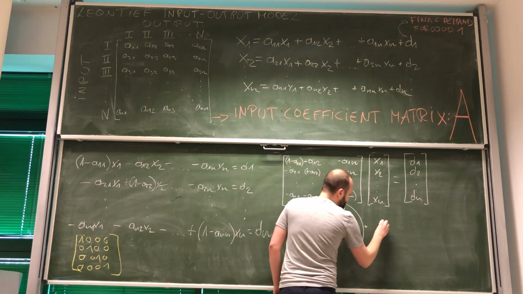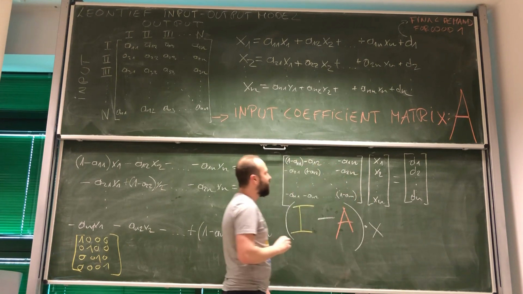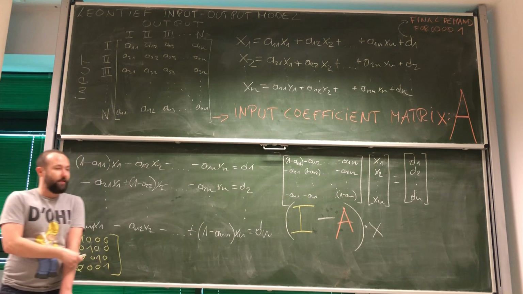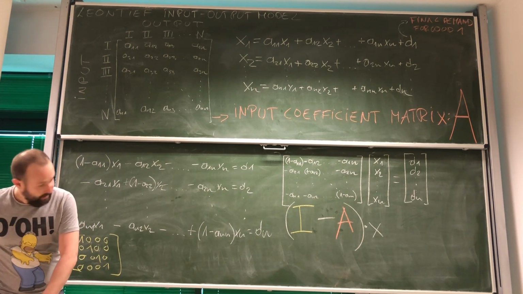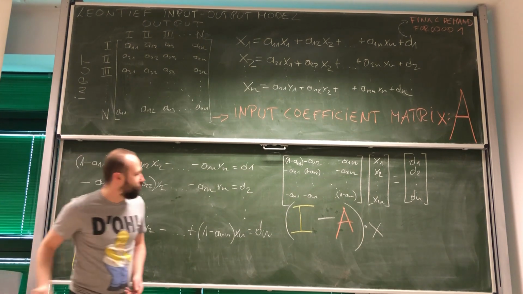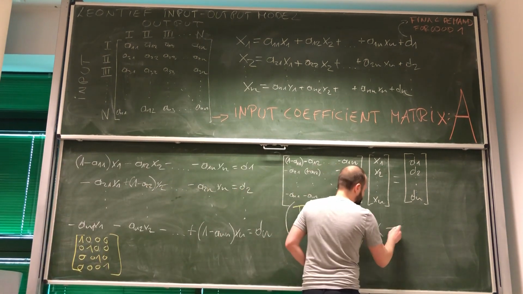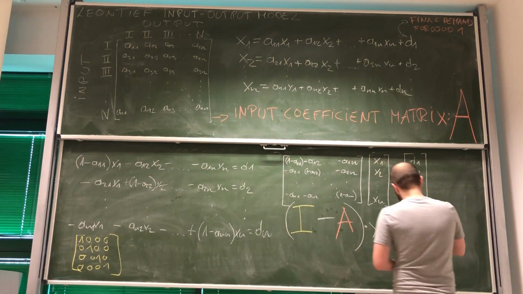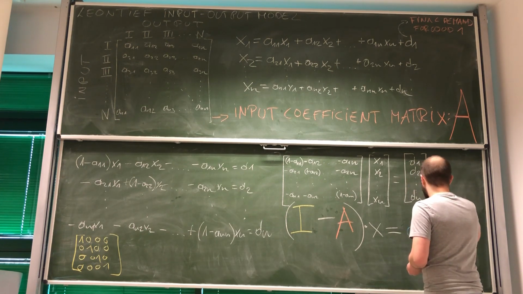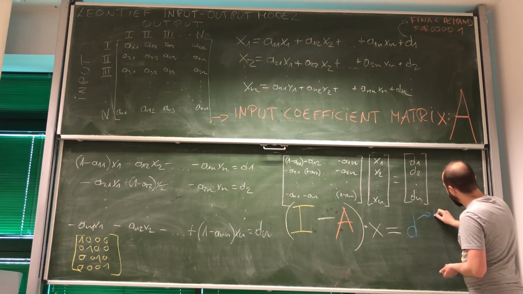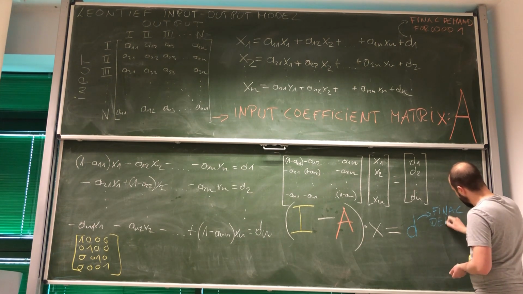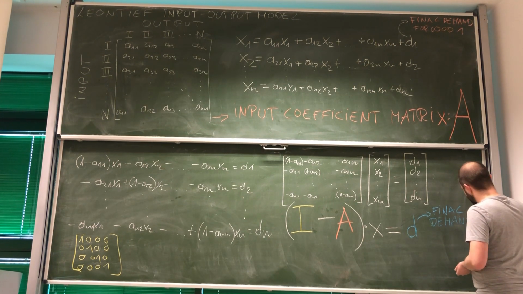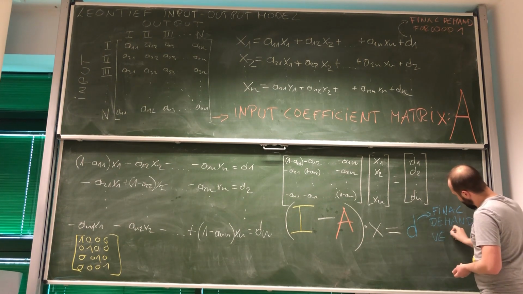Now we multiply it by the endogenous vector of levels of production, and it is equal to the vector D, the final demands vector.